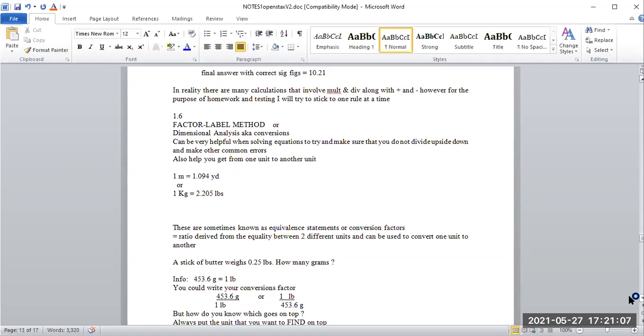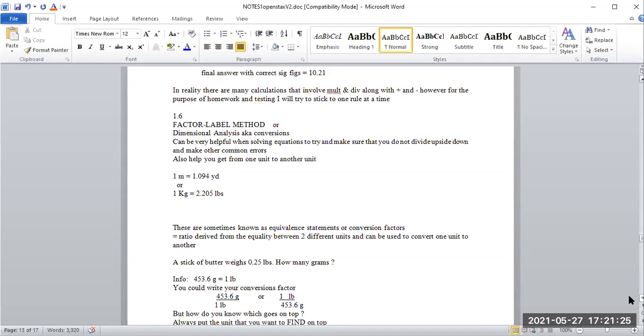So I gave you a couple of typical conversion factors to kind of eyeball here. 1 meter is 1.094 yards, or 1 kilogram is 2.205 pounds.